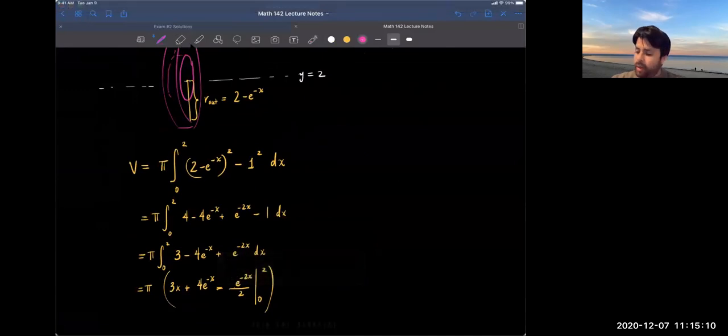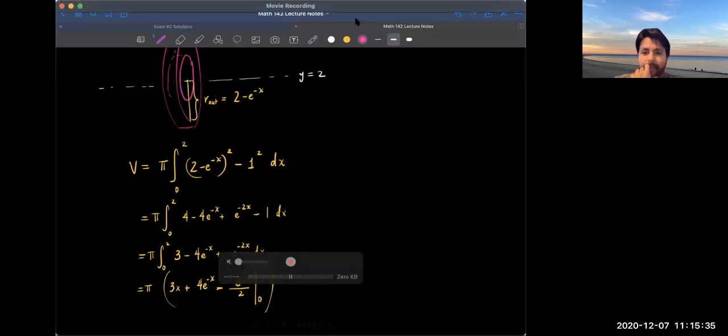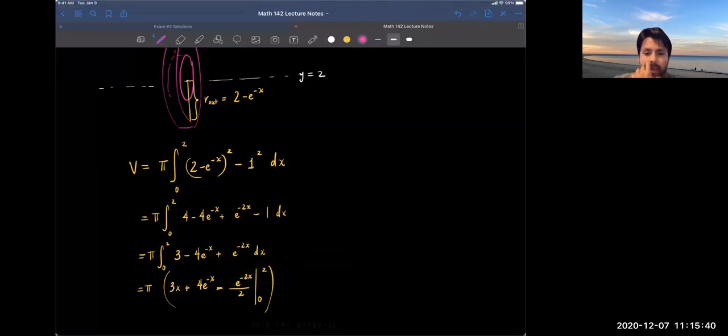We switched 3 and 4. When we squared it, it should be e positive e. Oh. Wait. No, that's fine. 4 plus.